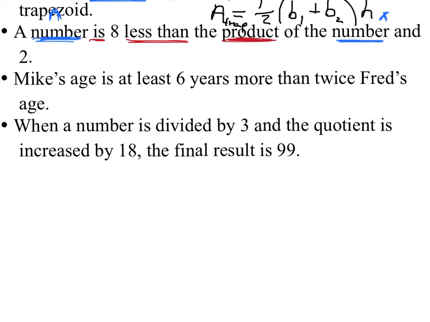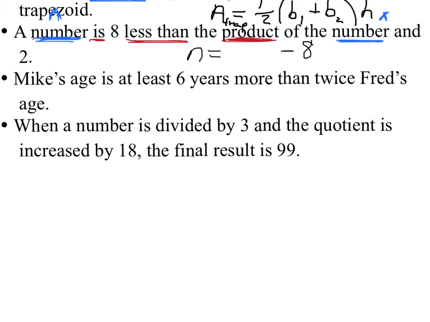Okay, let's see if we can write this. Left to right, it says a number n is equals 8 less than. So I'm going to put the minus 8 back over here. 8 less than what? The product of a number and 2.